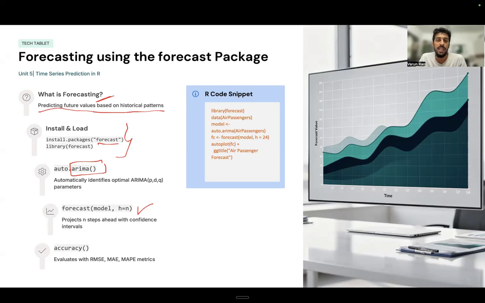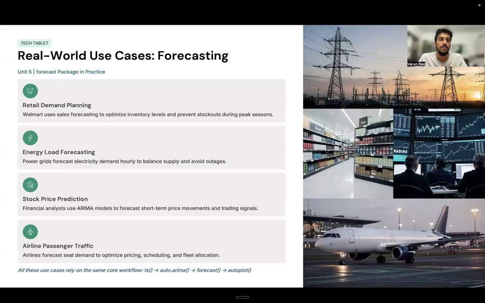Okay, and finally, you can also check how accurate or how inaccurate your data is using the parameter accuracy. Accuracy will give you different values like RMSE, MAE, MAPE. There are many other metrics involved. Again, accuracy is specifically used for categorical values. Please do not forget. Okay, while the rest is used for numerical values.